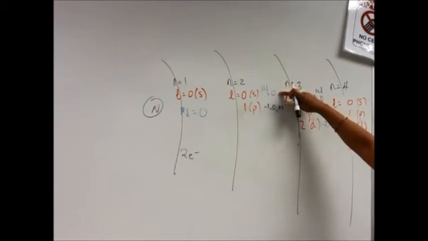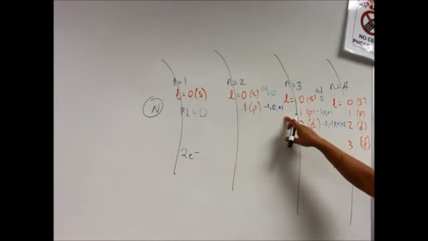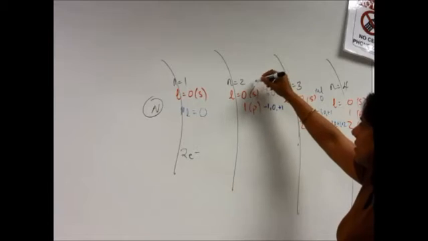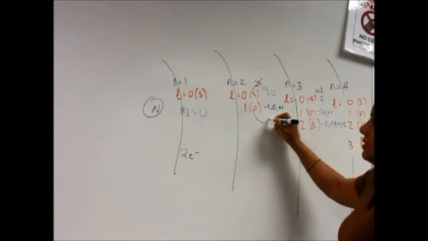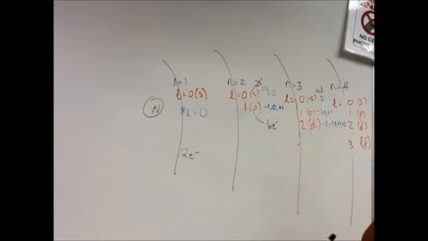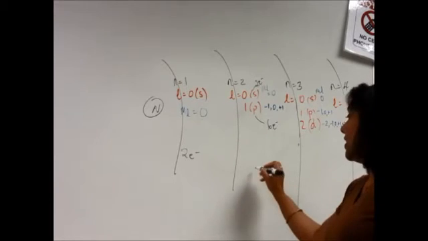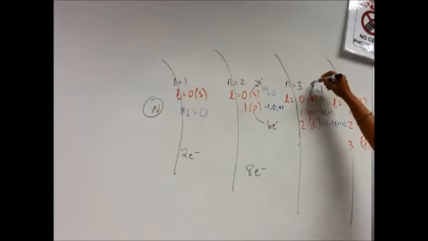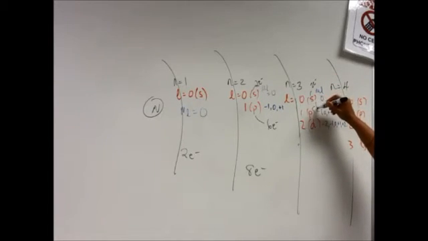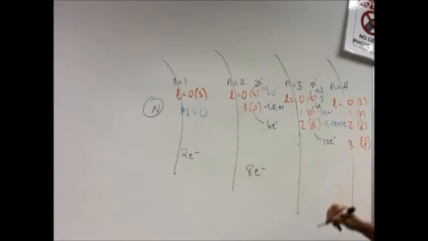Here ML is 0, and for L equal to 1, you have 3 shapes, which means that S can handle 2 electrons, P can handle 6 electrons, and so the total number of electrons possible is 8. In shell 3, S has 2 electrons, P again can handle 6 electrons, D can handle 10 electrons, so we have a total of 18 electrons.